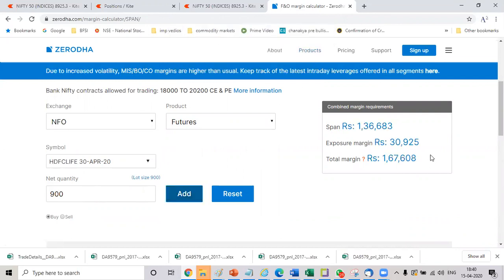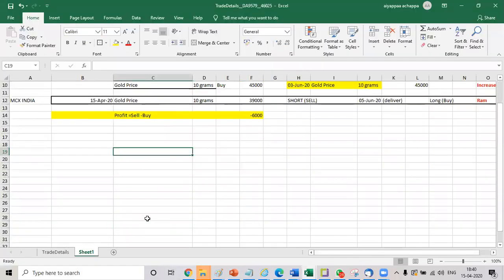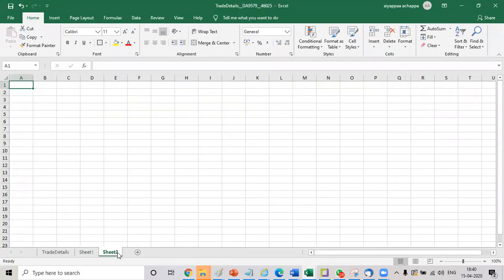Once you click on add, I need to keep 1,67,608 as a margin. Now when we deposit 1,67,000, the margin deposited is 1,67,000.